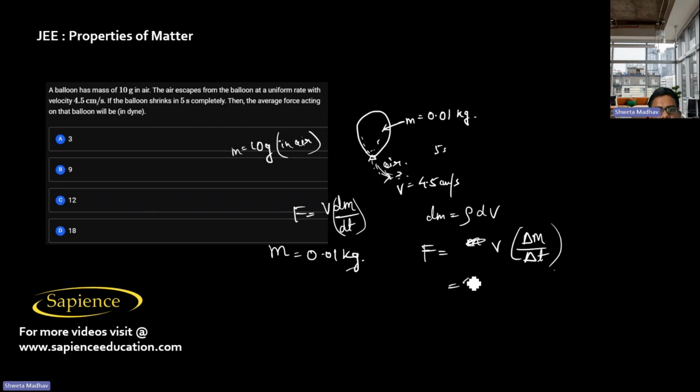So V is 4.5 into 10 power minus 2 meter per second. But you have to calculate in time, so we can keep the velocity in the CGS unit only. 4.5 centimeter per second into delta M, which is initially 10 gram minus the final mass that will be 0, by delta T, which is 5 seconds.